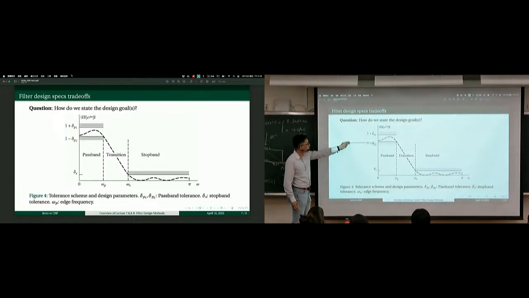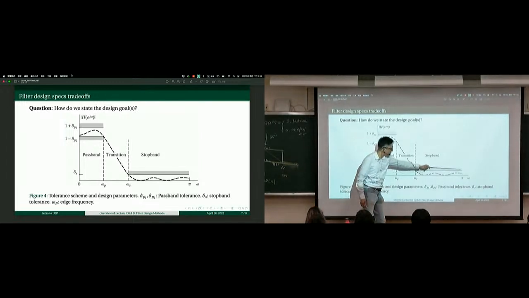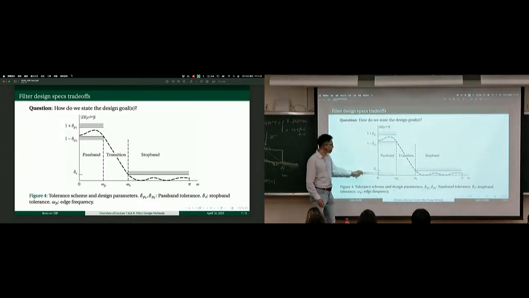On top and at the bottom for the passband, those are the passband tolerance parameters, two of them. Similarly, we have a stop band tolerance parameter denoted as delta S right here. How much are we allowed the stop band response to be non-zero? The gain should not be greater than what we are willing to tolerate.